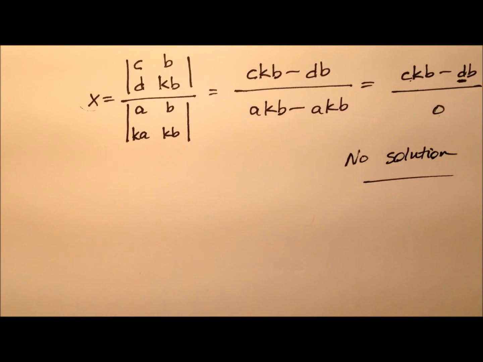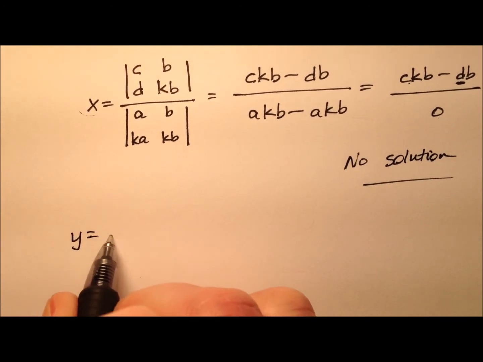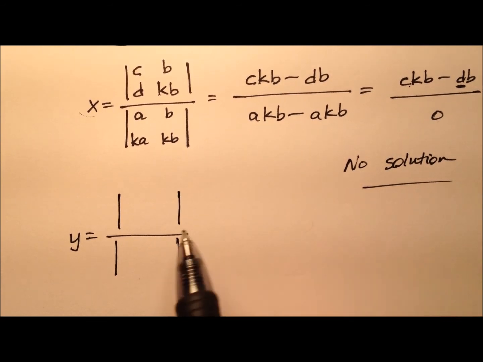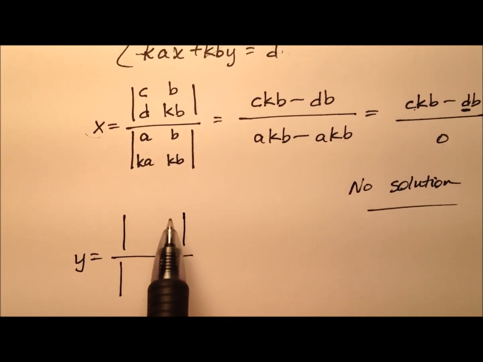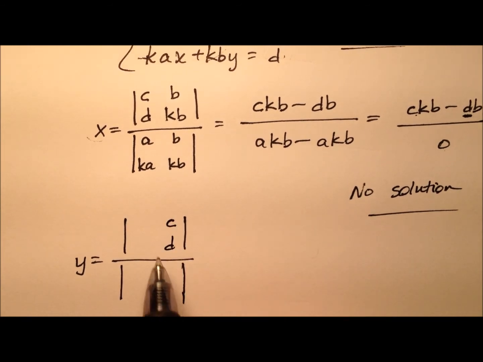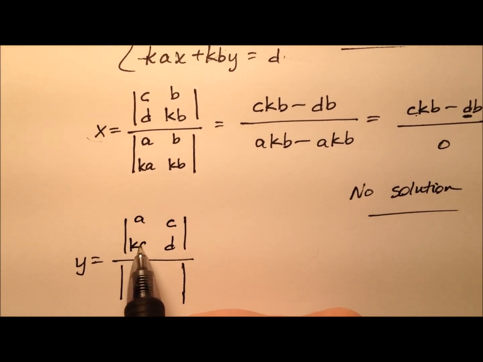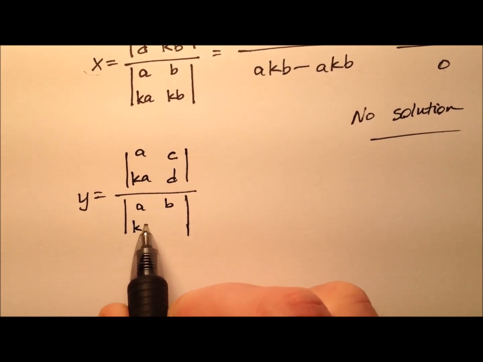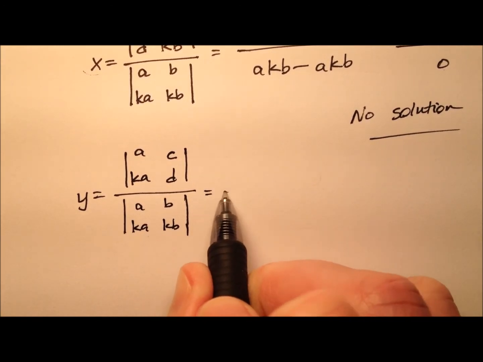Let's look at the y just for good measure. Okay, so in the numerator, we'll have the coefficient matrix, but instead of this second column with y's, we'll use the c and the d. So here's the a and the ka, and here's the a, b, ka, kb.